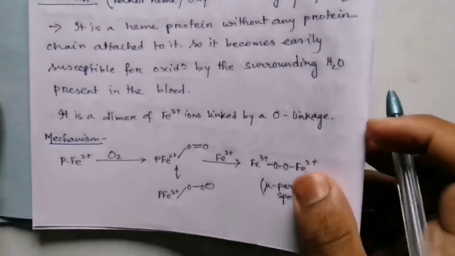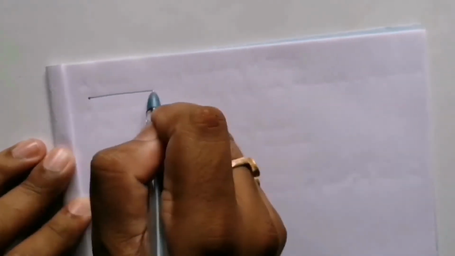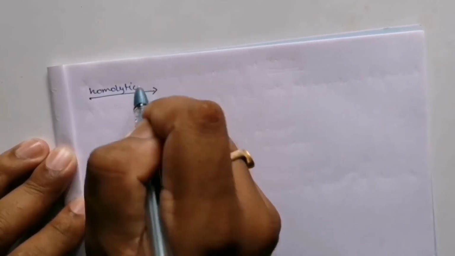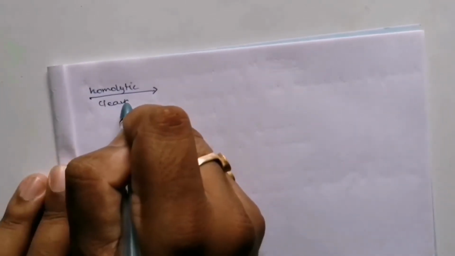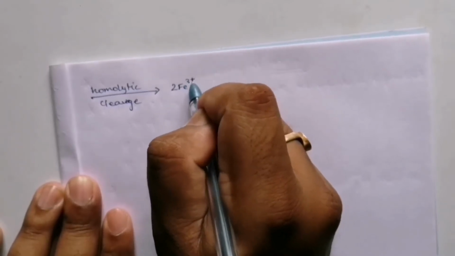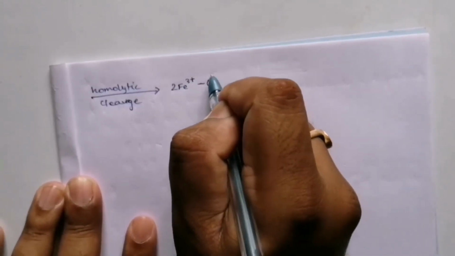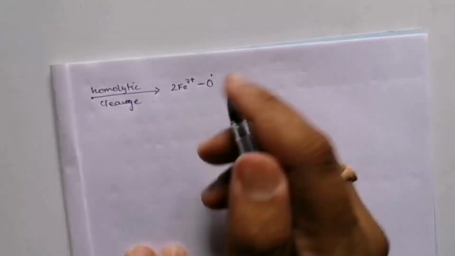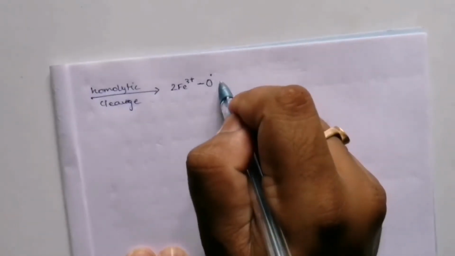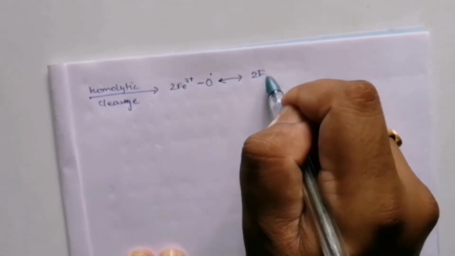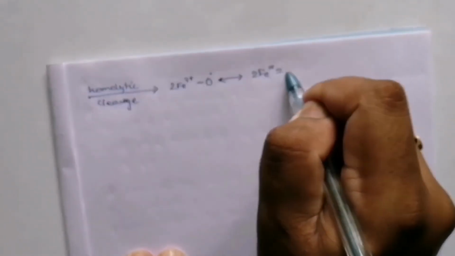Then homolytic cleavage takes place, resulting in two ferric radicals, which get converted to a ferryl complex.